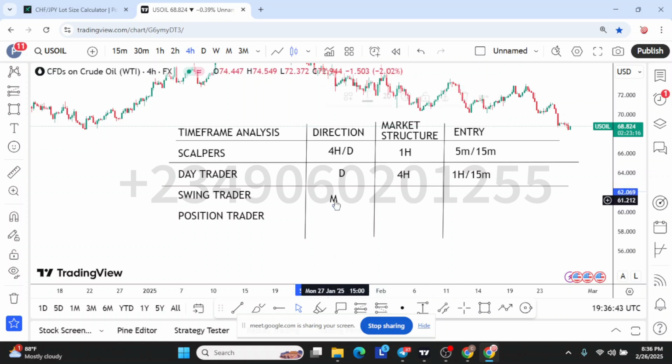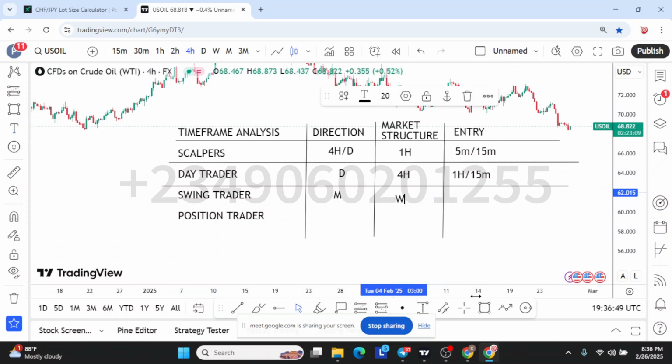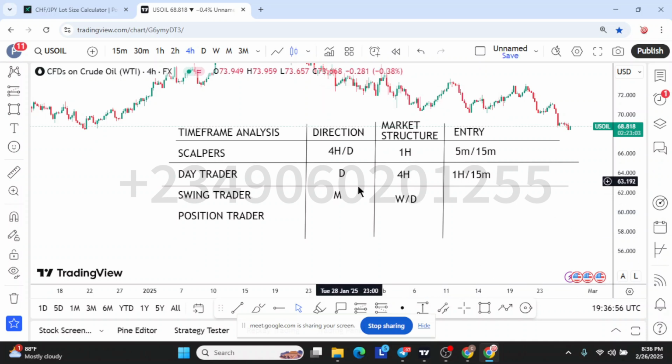Their market structure time frame is on the weekly and the day charts. The weekly and the day charts for their market structure.